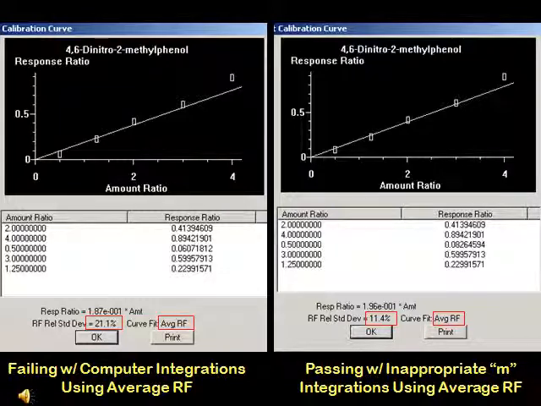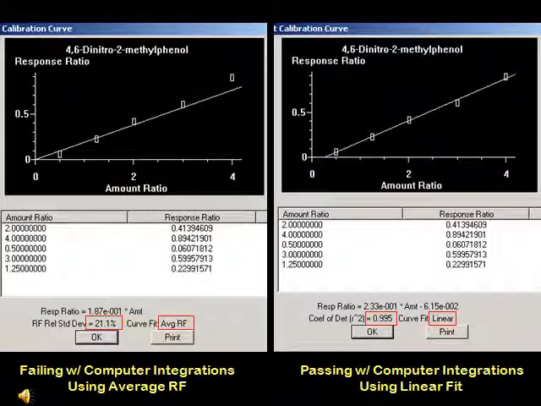The analyst inappropriately manually integrated the lowest calibration standard, adding area response not attributable to the peak that pushed the RF relative standard deviation to 11.4%, which appears to meet the method criteria.